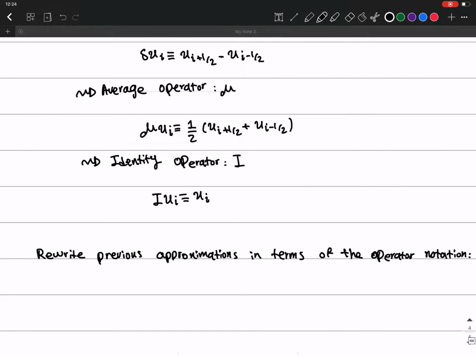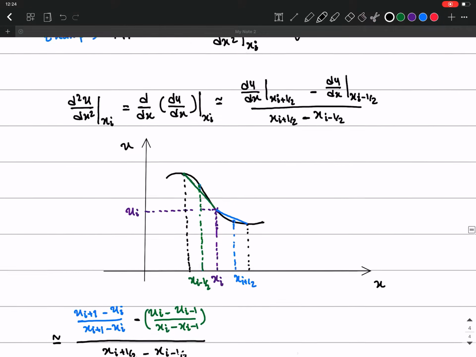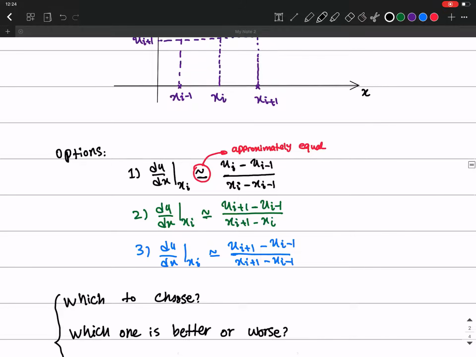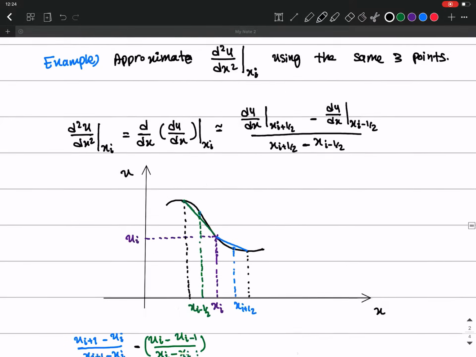So, for example, du over dx at i, the first one, was ui minus ui minus 1 over xi minus xi minus 1, right?